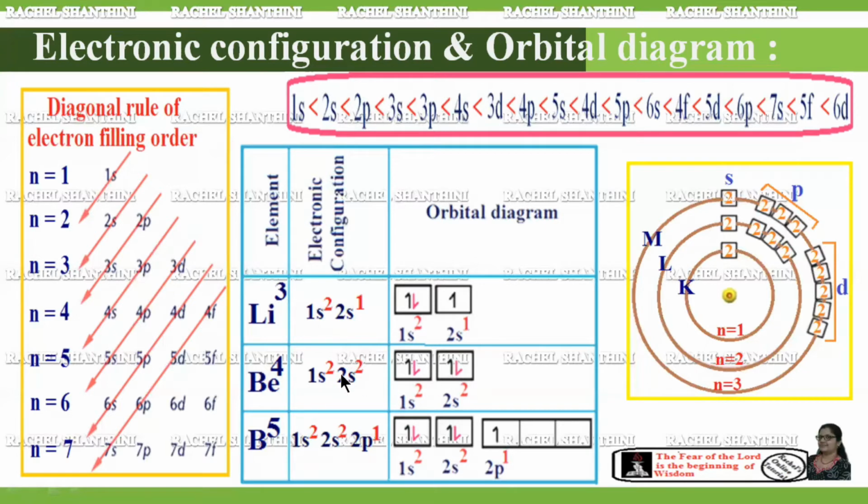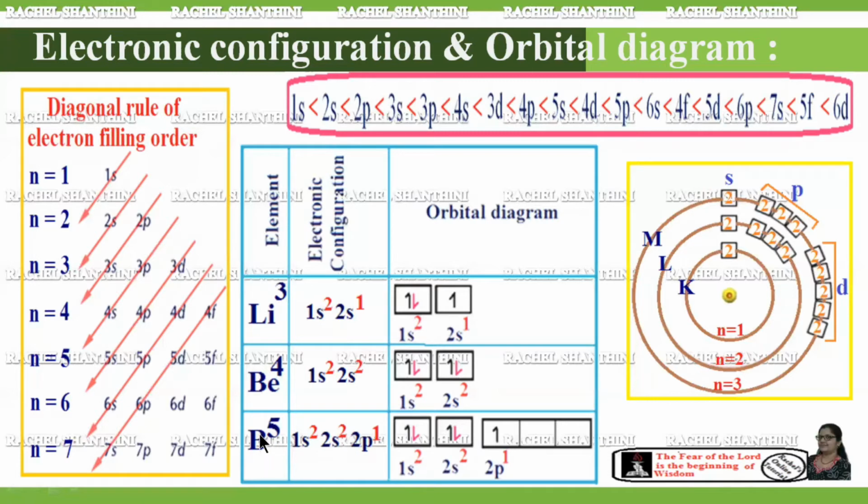Coming to 2s orbital, we have remaining 2 electrons, right? Those 2 electrons will be in the opposite direction, right? So one in the upward direction, which represents the positive spin, and one in the downward direction, we have to draw the arrow mark to represent the negative spin. So totally how many electrons are there? 4 electrons.